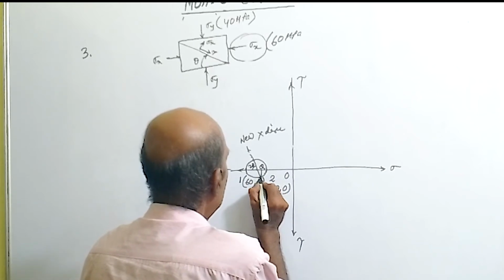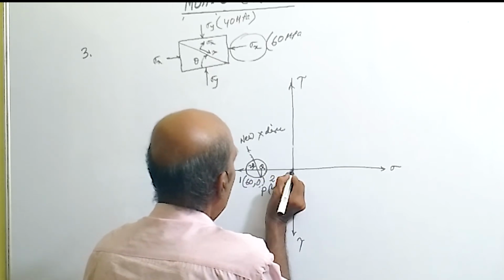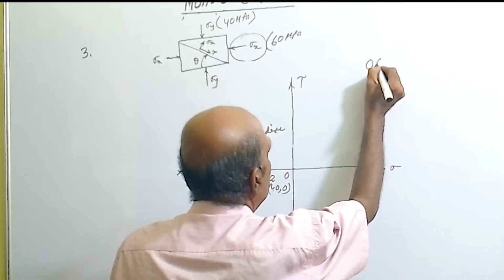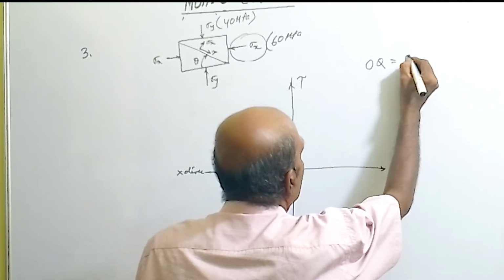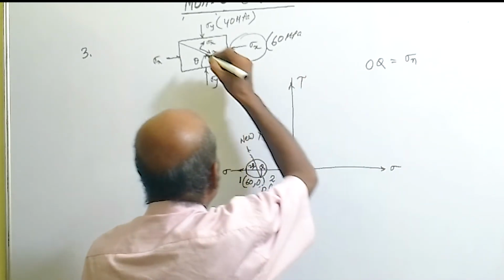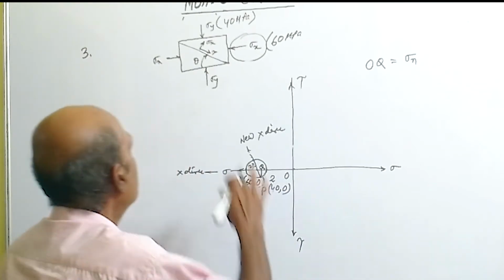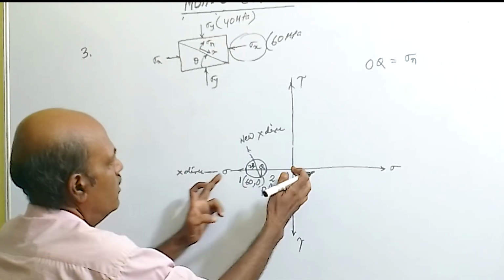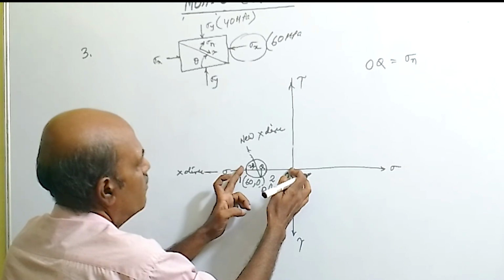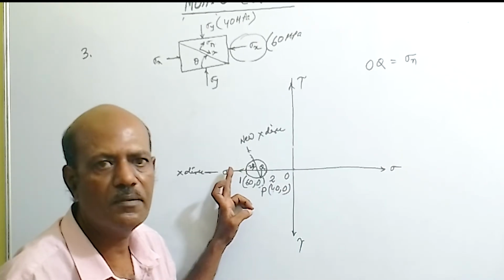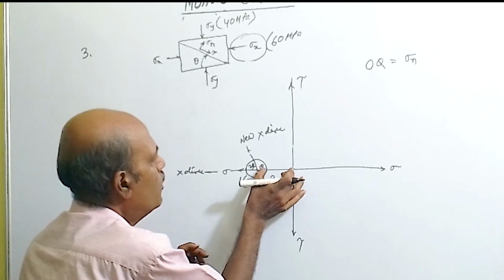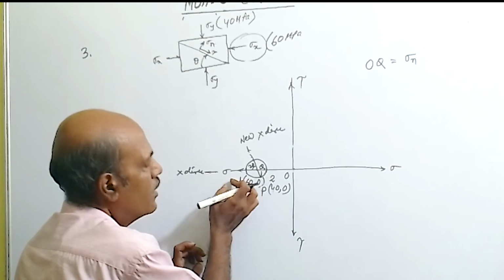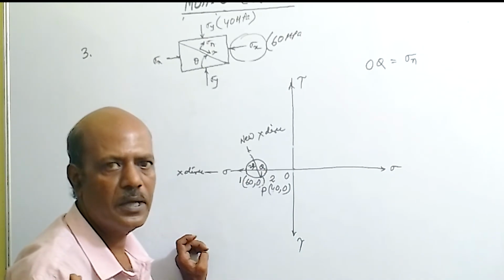The OQ distance will give you the sigma n value on the inclined plane. You can see sigma n is towards the left, so it is negative.